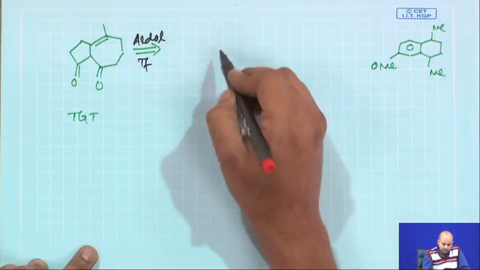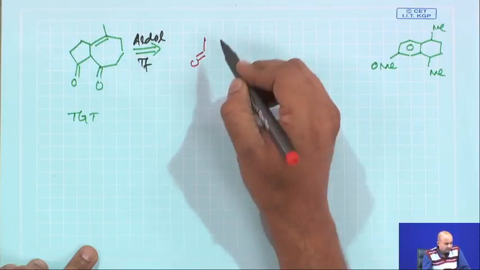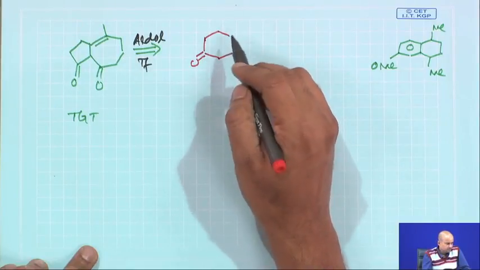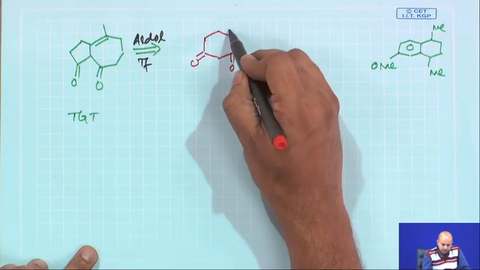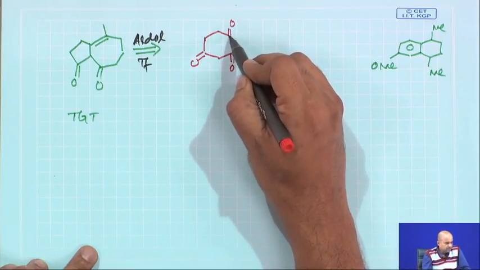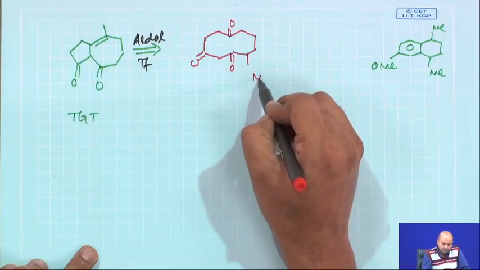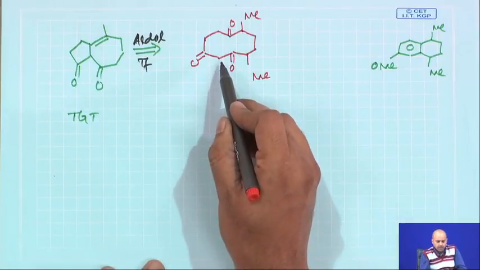Now, how? If you have a dicarbonyl compound something like this, now this dicarbonyl compound is pretty interesting.